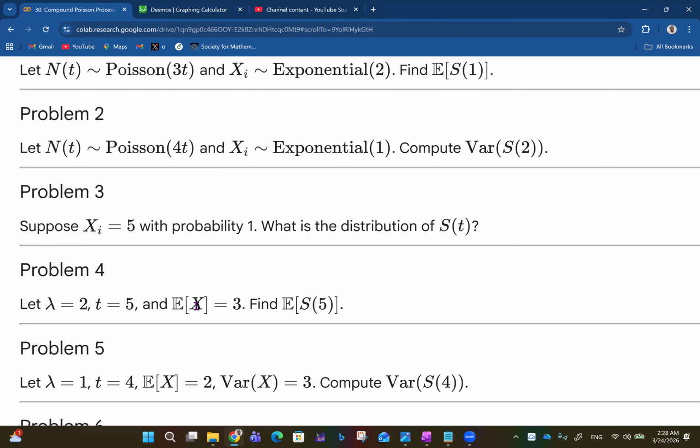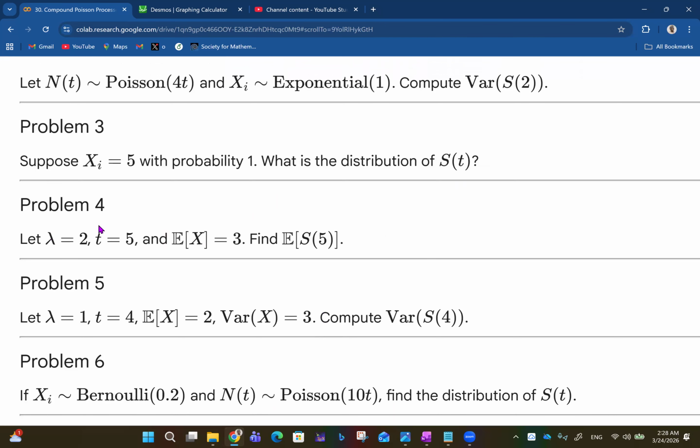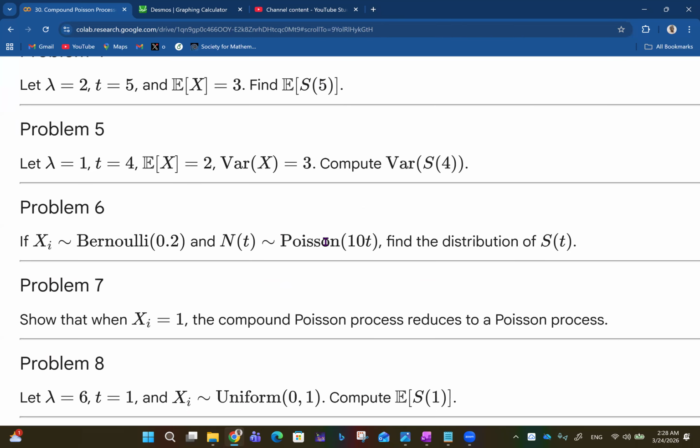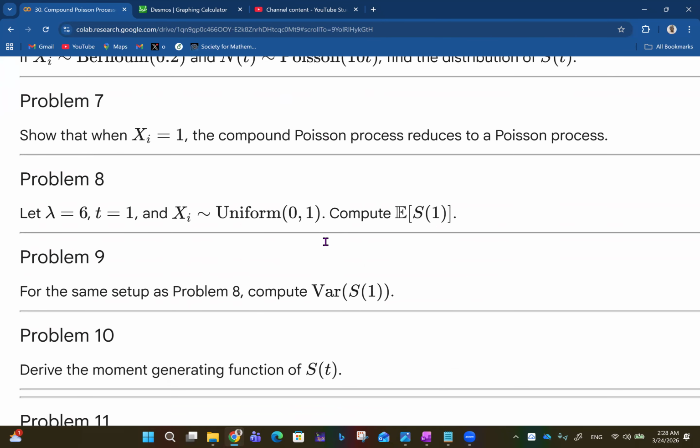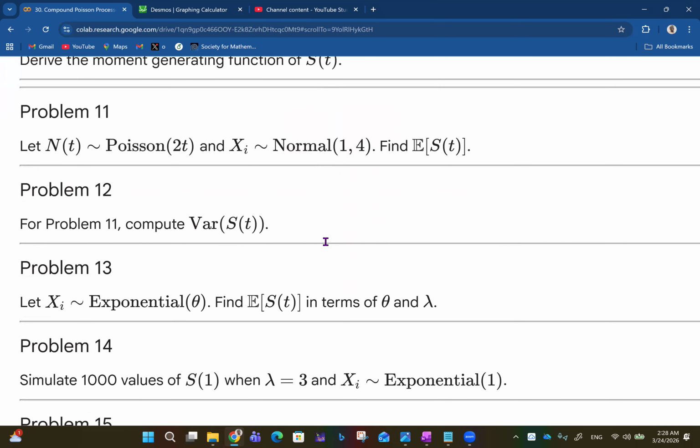Then we have the same thing going on here: expected value of S of 5. So just multiply. Okay, expected value of X is already 3 here. So we put all of that together to get this.